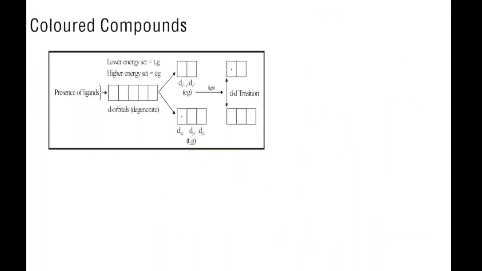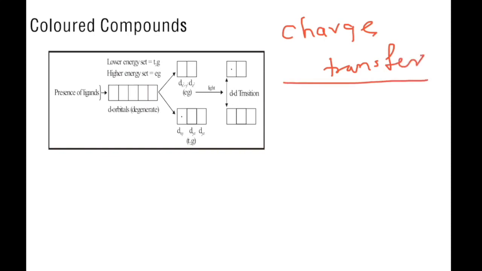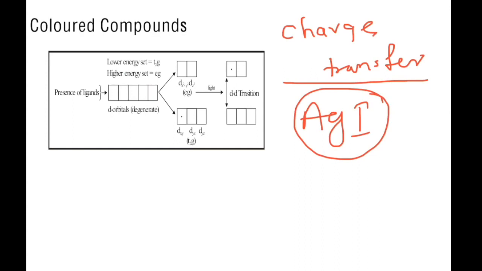This is mainly due to charge transfer. For example, silver iodide, AgI. It is yellow.